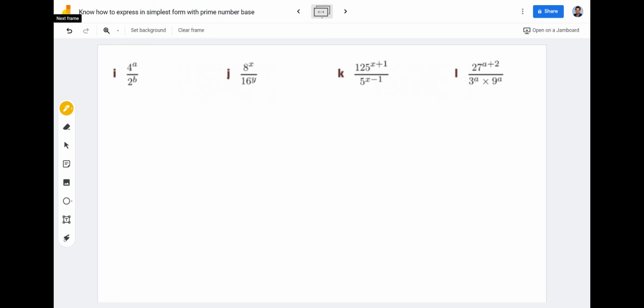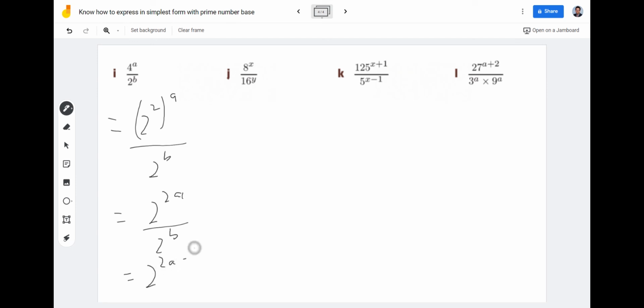Next question. Let's fly through these on here. So 4 is 2 squared and we've already got a base of 2. So that's 2 to the power of 2a over 2 to the power of b equals 2 to the power of 2a minus b, because it's dividing.